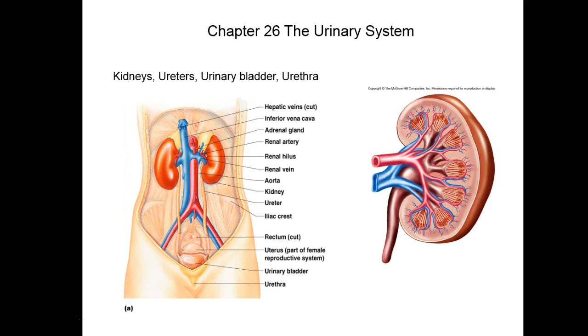It also monitors the pH of the body, the water content of the body, and the ion content, and reabsorbs items out of the blood that can be reused by the body, like glucose, ions, proteins, etc. You have a nice image of the urinary system on the left, and then an image of a kidney cross-section on the right.